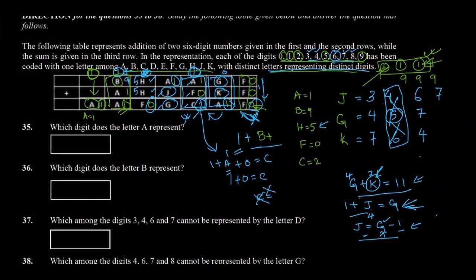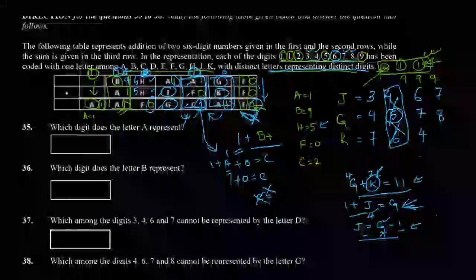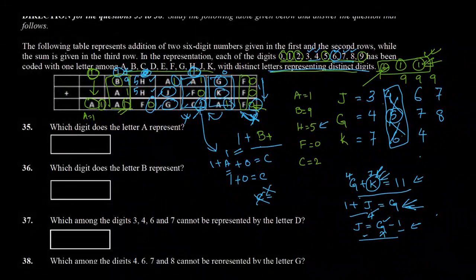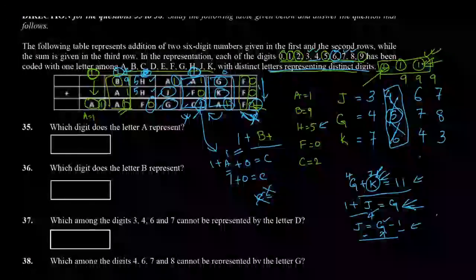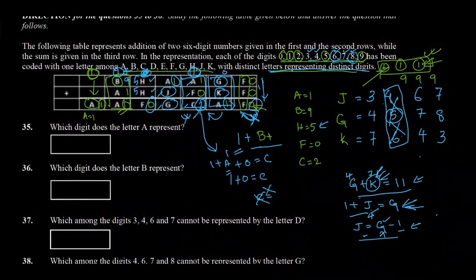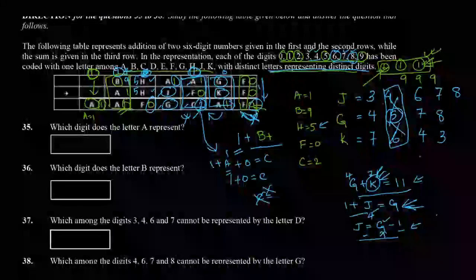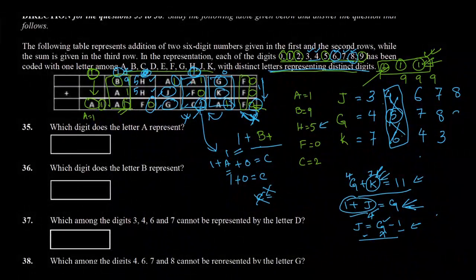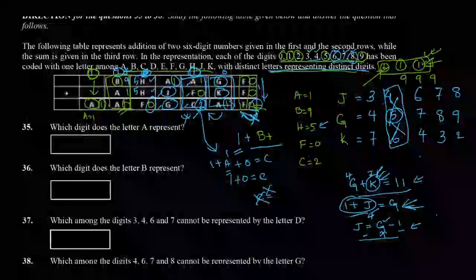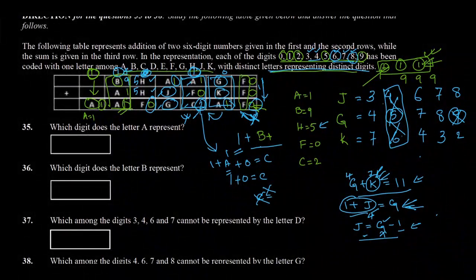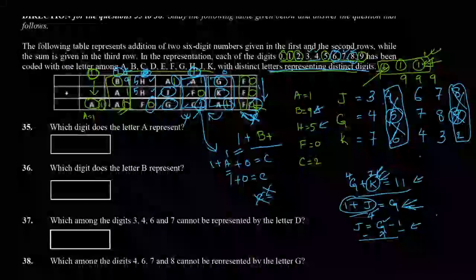So if j is 7, then g is 7 plus 1, 8, and k is 11 minus 8, which is 3. So this is another possibility. And let's try the last value of j to be 8. If j is 8, then g becomes j plus 1, which is 9, and k becomes 11 minus 9, which is 2, but this is not possible because 9 is already taken up by b. So this set is not possible.